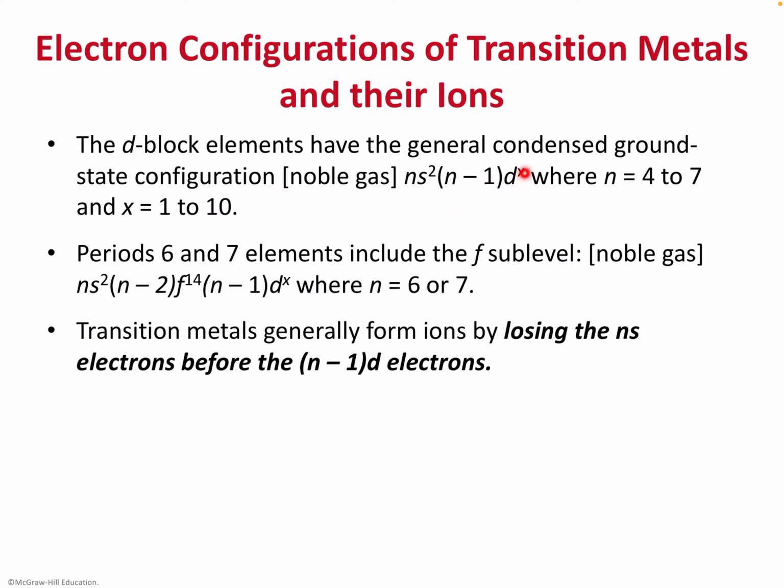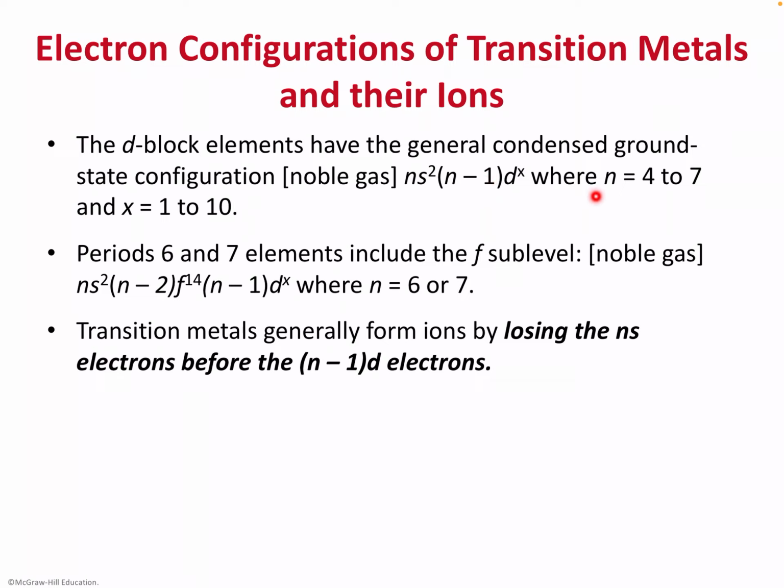And this x means however many electrons in the d shell, right? n equals 4 to 7. So here d starts filling up in the fourth main period, which is s, but the n minus 1 for the d is going to be 3.